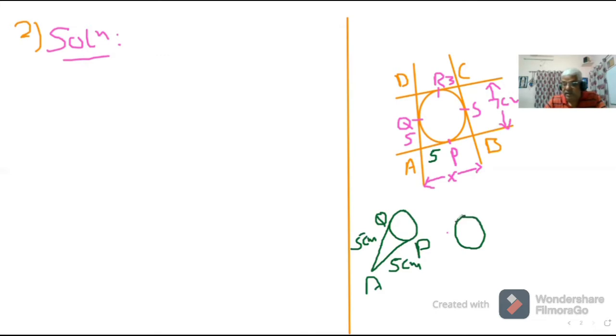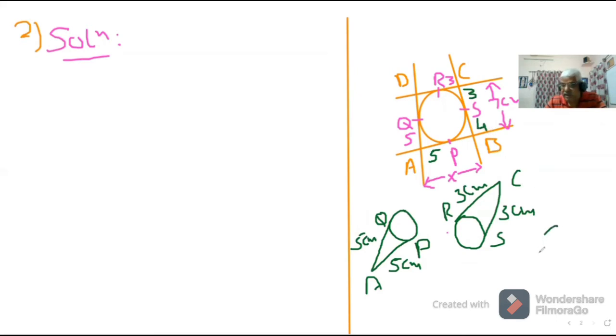Okay, next observe. RC and SC I will take. This is R, C, S. Here they have given 3 centimeter, which means this is also 3 centimeter. Again, the tangents drawn from the external point are equal. Next, same procedure. 7 minus 3 gives you how much, dear children? 4 centimeter.